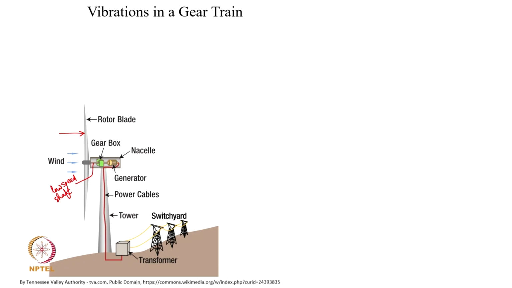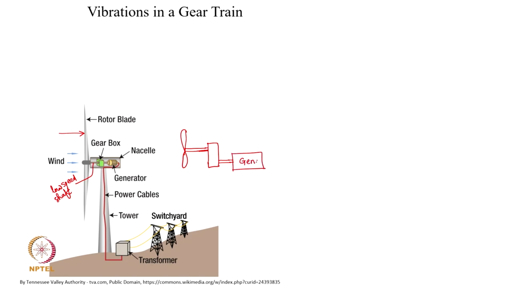The gearbox has a function of stepping up the speed, and the output of that gearbox goes as an input to the generator. So, basically you have a wind turbine input shaft to the gearbox, which could be a simple single stage gearbox. As an example, one may consider this, and the output from the gearbox is a high speed rotating shaft, and that goes as an input to the generator here.